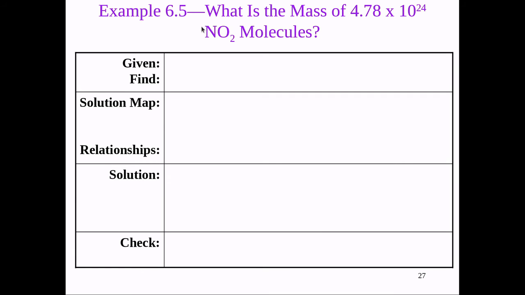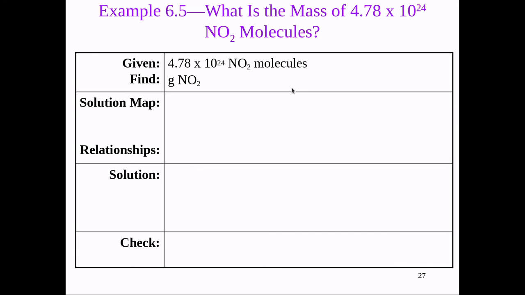Let's do one more where we go from mass to NO2 molecules, just so that when we change up the language between ionic and molecular compounds, we're not swayed by that. So we're given this many NO2 molecules, and we're asked to find the mass.